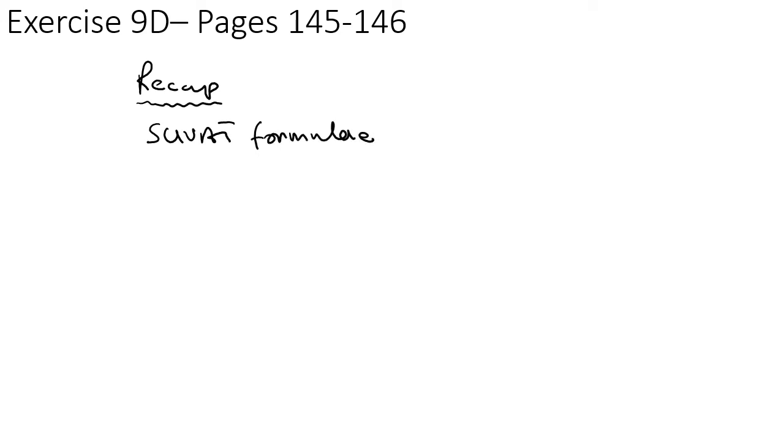Just do a quick recap here of our SUVAT formulae. Two we had from before: V equals U plus AT, and S equals U plus V over 2 times T. We had these when we looked at section 1 on the constant acceleration formulae, and we were able to derive these 3 using those 2.